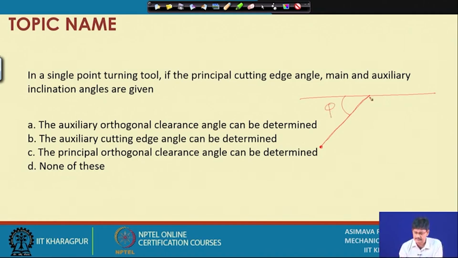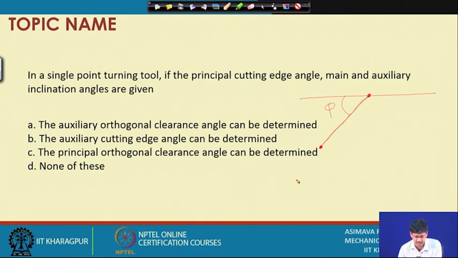So, we can say that on the rake surface, I am knowing the inclination of a straight line on it, that is the main cutting edge. Do I know the inclination of the rake surface as a whole?